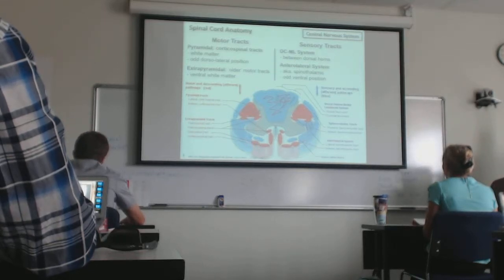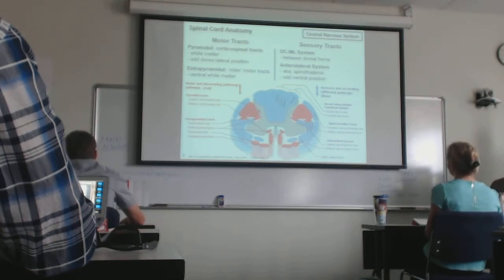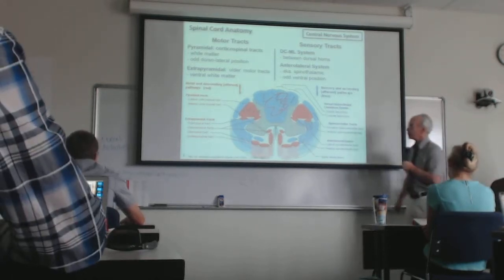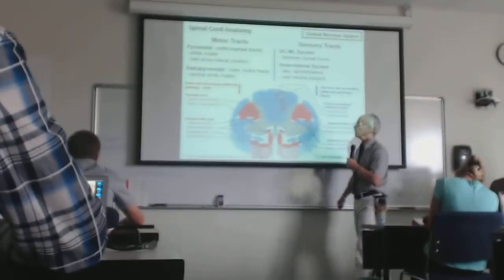So those are the dorsal horns. But what I want to direct your attention to now is the white matter. All of this white matter out here would be sensory. These are afferent pathways. By afferent, the signal is going that way, toward the brain.